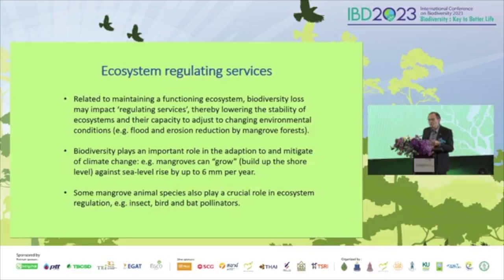But as we've also heard, pollination is a very important regulating ecosystem service, and mangroves depend very much on animals to do that function. Insects, and in the case of Sonneratia, bats pollinate the Sonneratia species.